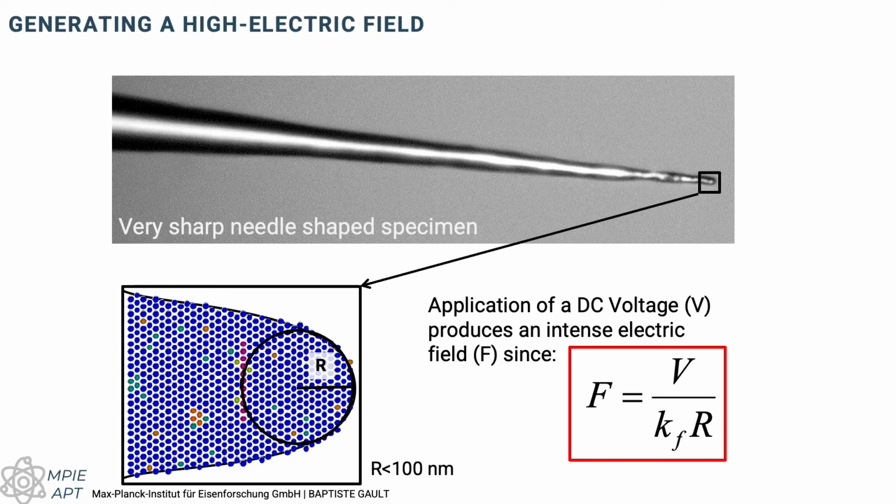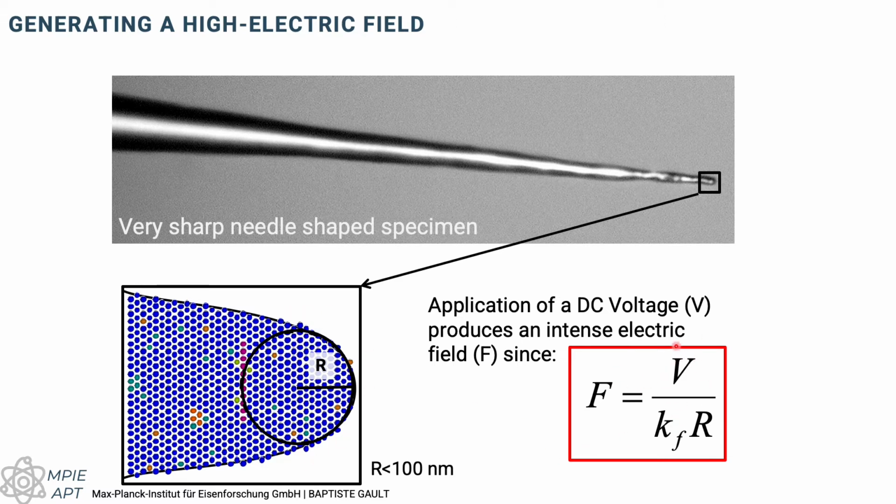A solution to generate fields that are high enough is to use a specimen that is shaped as a sharp needle, like this. At the end, if we have a radius that is below 100 nanometers, and we apply a high voltage V, the fields that we generate would be in the range of V divided by R, with a constant here that is a field reduction factor to account for the fact that we don't really have a sphere, but a needle shape with a spherical cap.